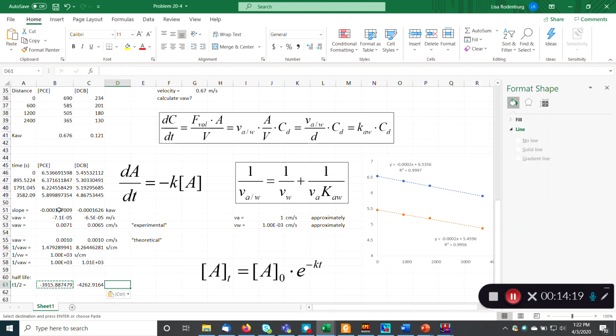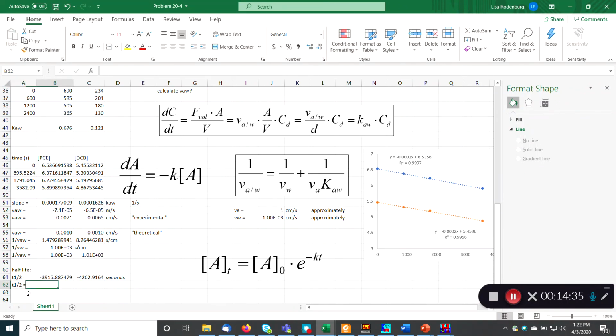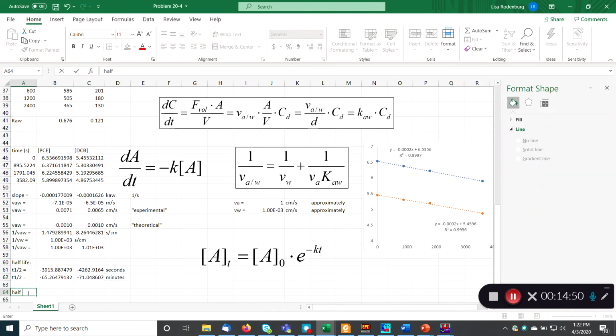So this is in seconds, because our KAW up here had units of 1 over seconds. So that's kind of weird in terms of units. It's hard to think about 3,000 seconds, but maybe we could divide that by 60 seconds to give us minutes. So 65 minutes. So about an hour. So this is minutes. So half-life is about an hour.